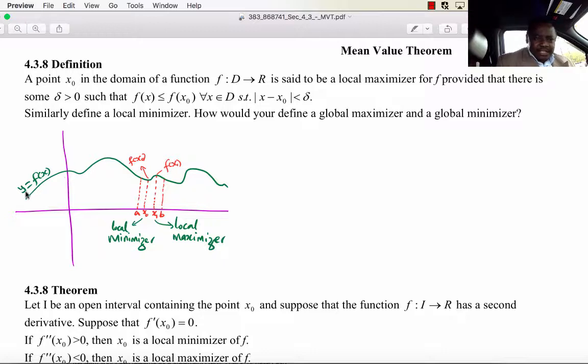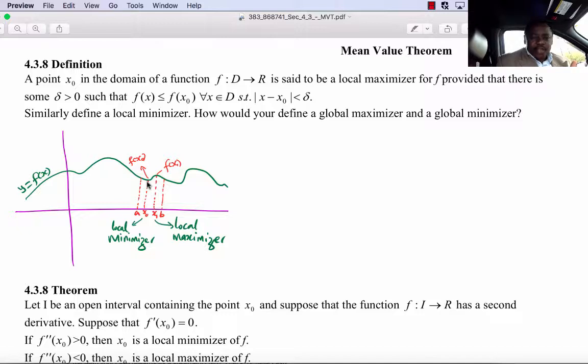So right here, if this is our function f, we are not interested in the global maximum. We are interested in a local maximum. So if D were the interval a, b, then x1 right here would be our local maximizer, and f of x1 is going to be our local maximum.